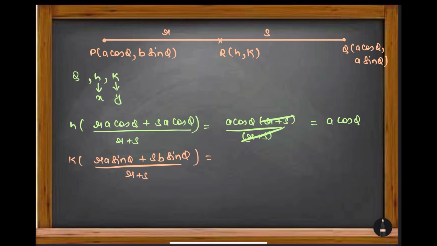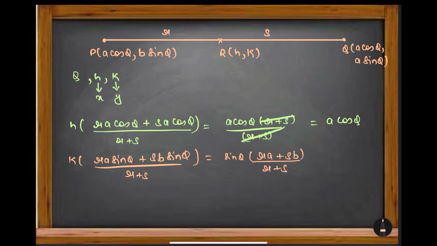Now you cannot simplify this much, but you can take sin theta common. If you take sin theta outside, we will have (ra plus sb) by (r plus s).